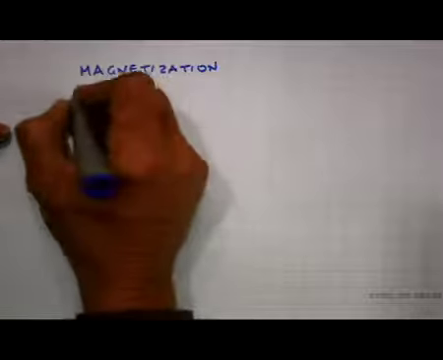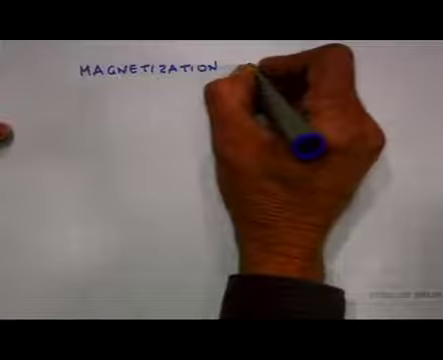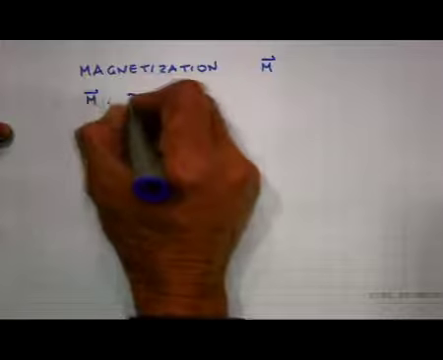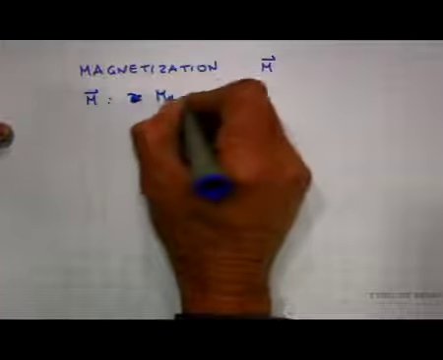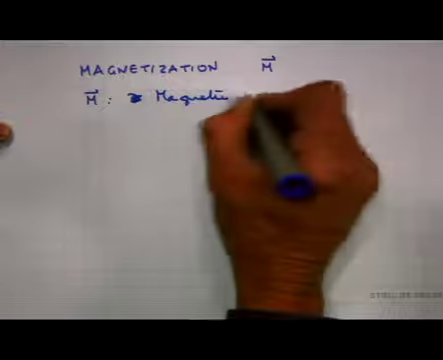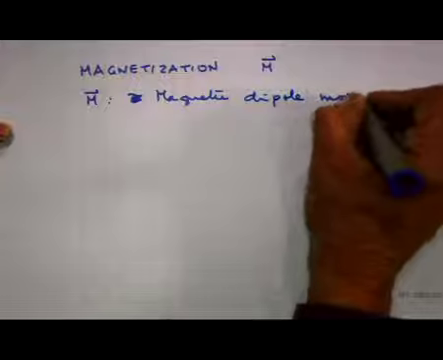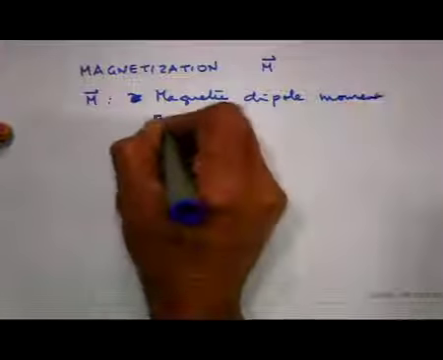Magnetization is the dipole moment. This is magnetization, M vector. M vector is the magnetic dipole moment per unit volume.